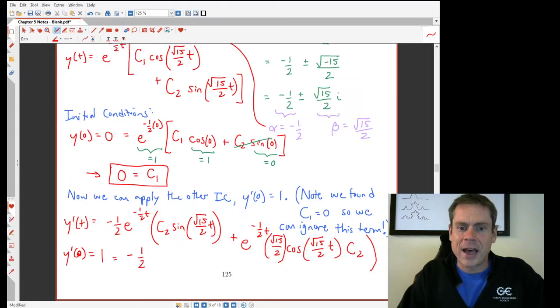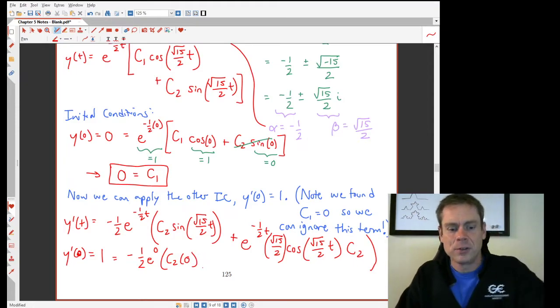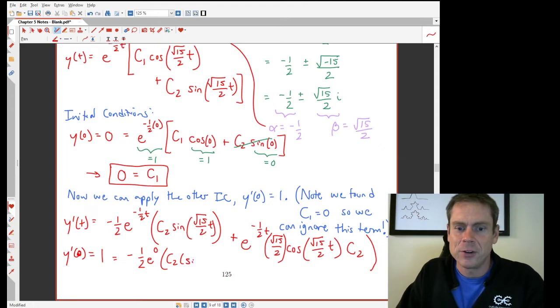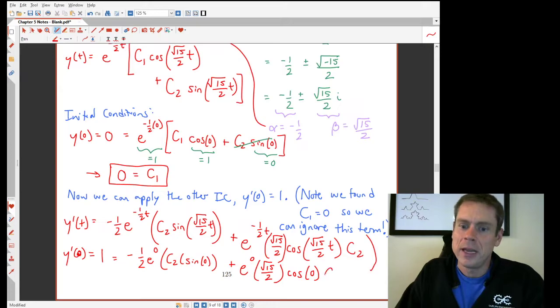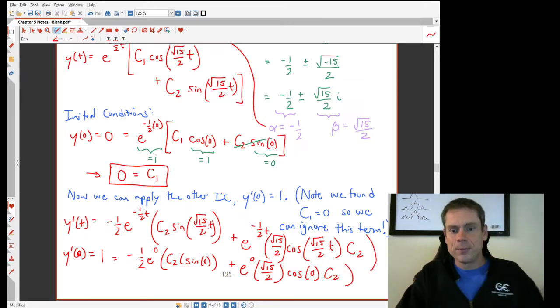So that's minus 1/2 e to the 0. We get a c2 times a 0 here because I'm putting in sine of 0. And over here I get e to the 0. I get this awkward root 15 over 2. I get cos of 0, which will just be 1. And c2 I'm trying to find.